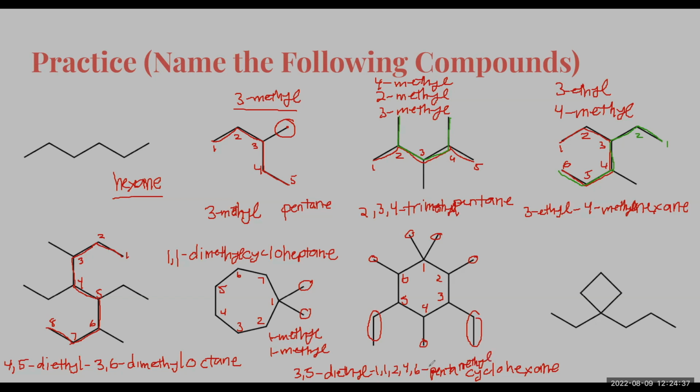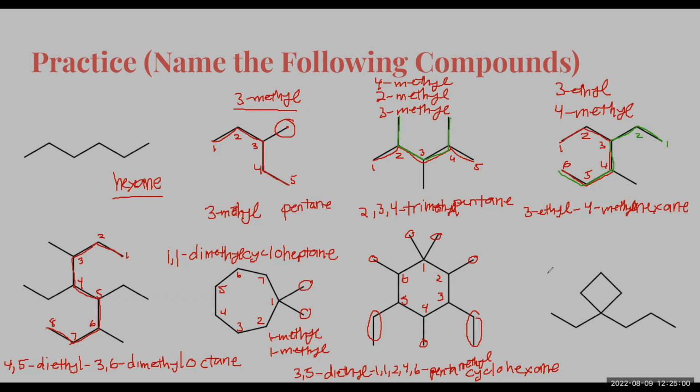So then the final name is a little bit squished up here. So the final name would be 3,5-diethyl-1,1,2,4,6-pentamethylcyclohexane.